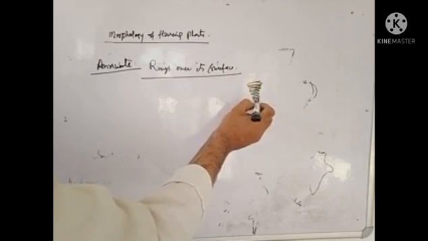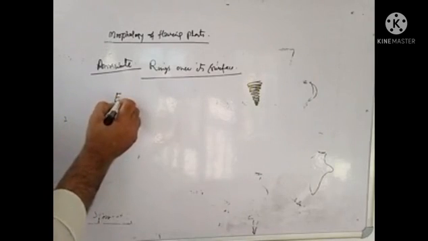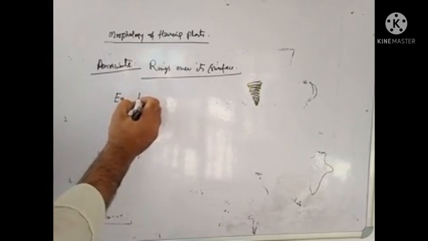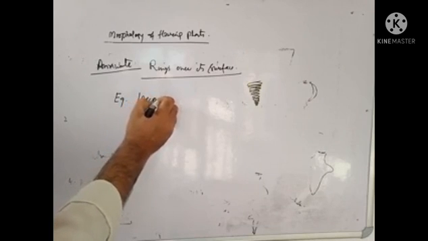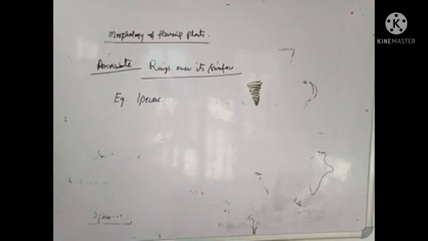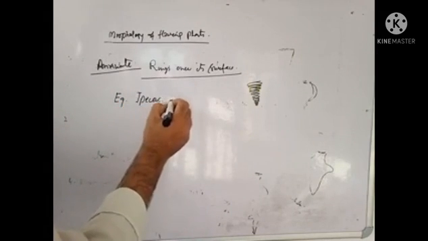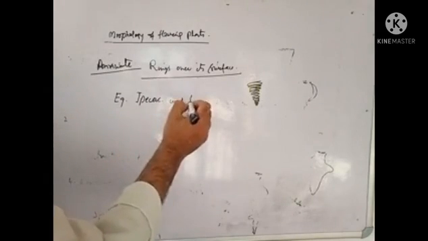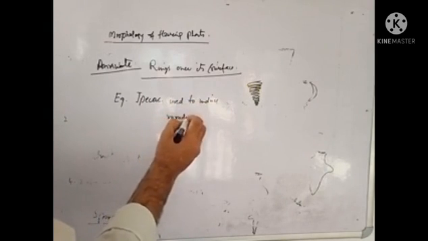These appear like rings. Example, we can take ipecac, which is used to induce vomiting.